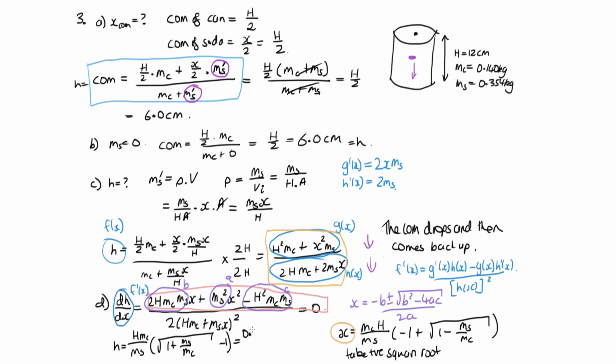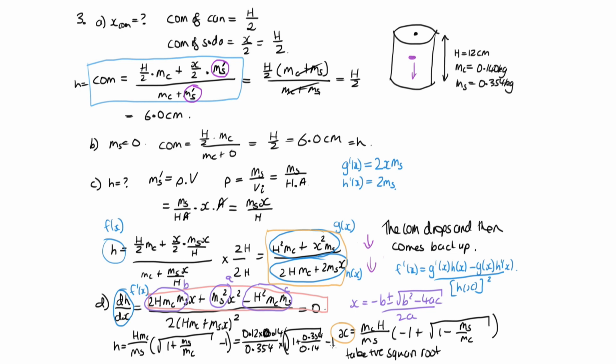So we've got 12 centimeters is the height of the can. The mass of the can is 0.14. The mass of the soda initially was 0.354, and then times the square root of 1 plus 0.354 over 0.14, and then we've got our minus 1.